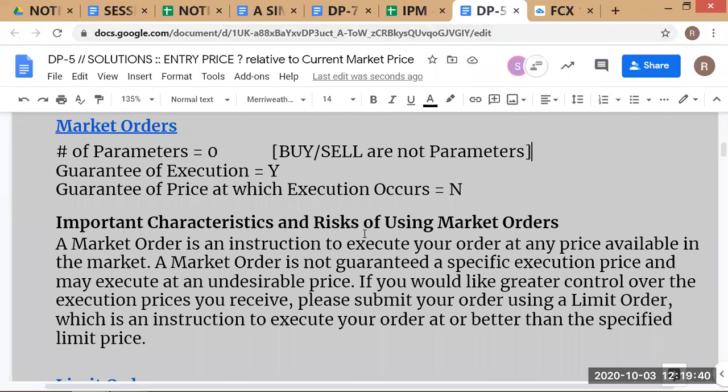You can study this stuff on your own. It's not very complicated. Understand these concepts. There is a guarantee of execution, but there is no guarantee of price. Then you can read this from the IB web page. Actually, I just copied it.